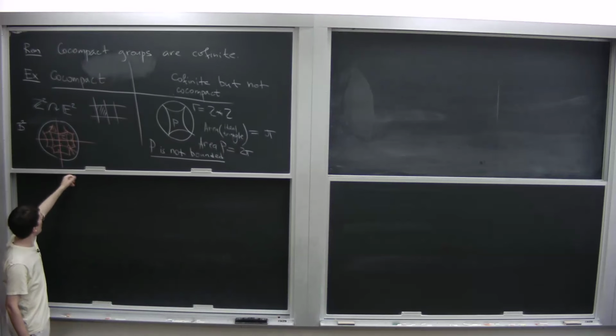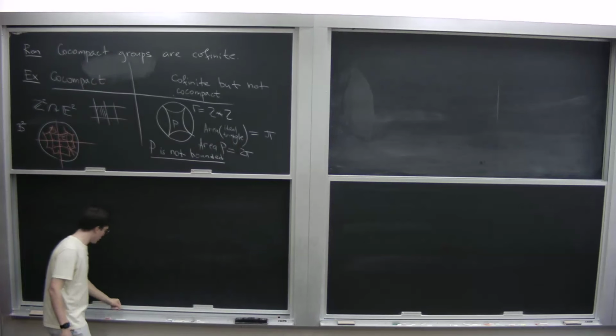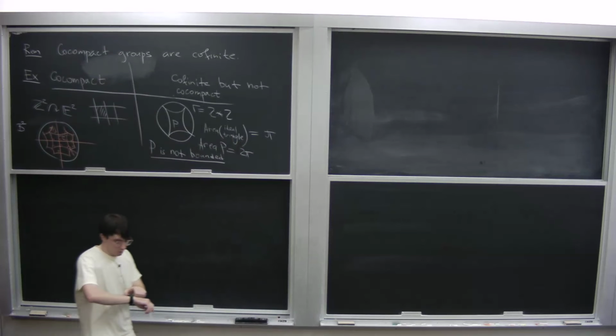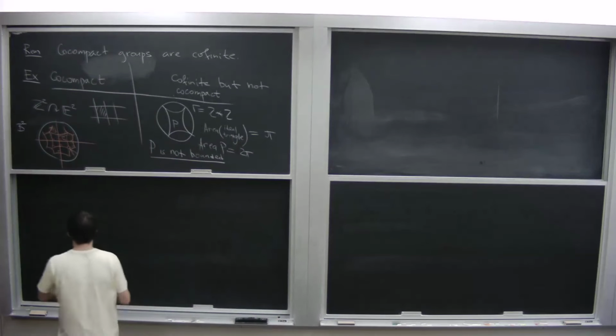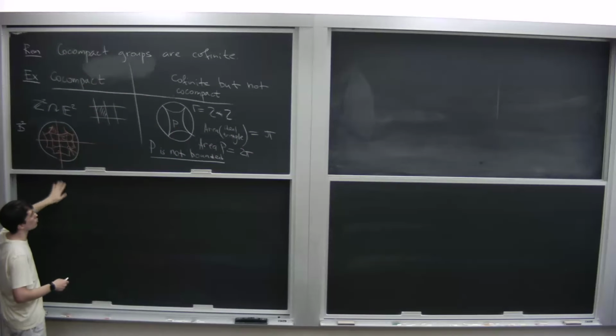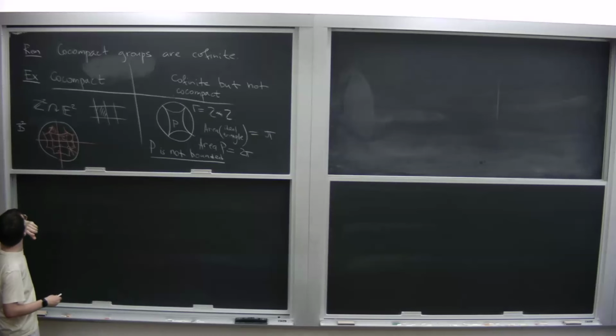Okay, then another important notion, the second important notion, is commensurability. So let me write the definition.